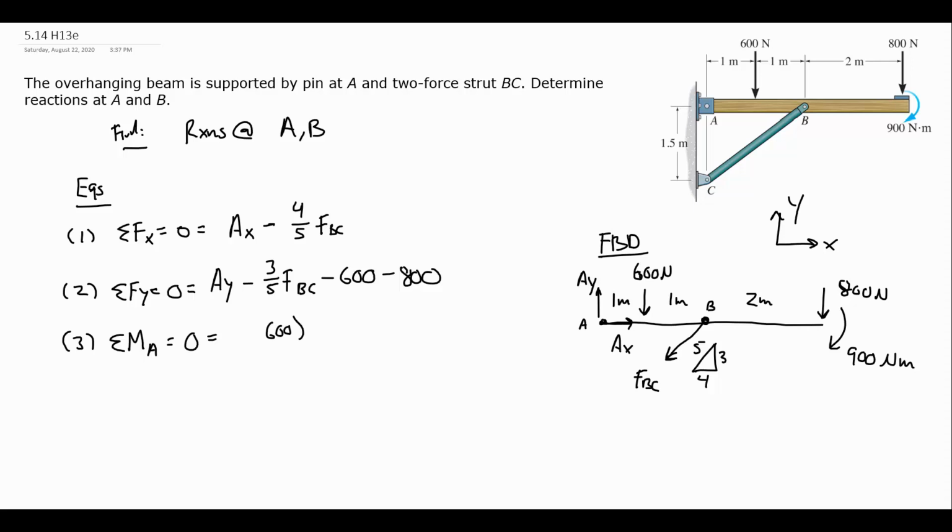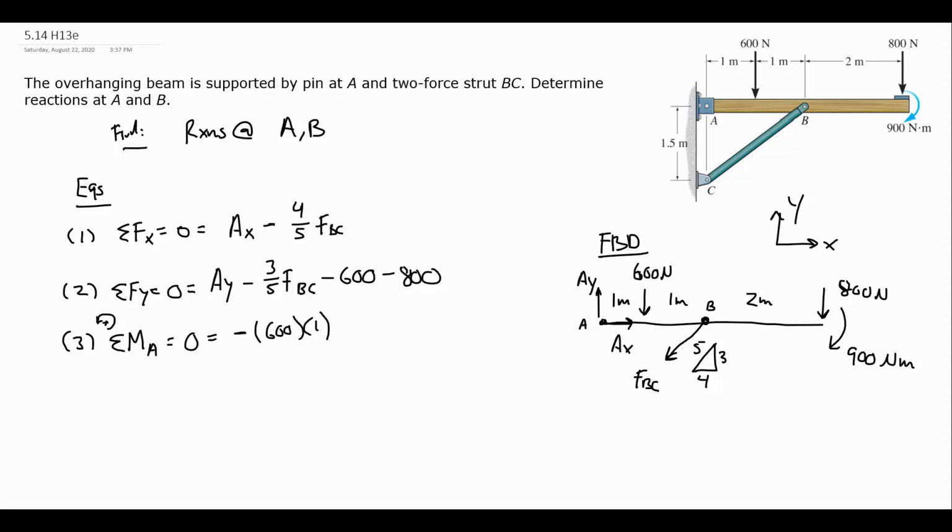So force times distance from the 600 newtons, and around point A, that is going to be causing a clockwise or negative moment. Right? So again, we are going to assume counterclockwise positive when we do these typically. So that is clockwise, so it's negative.